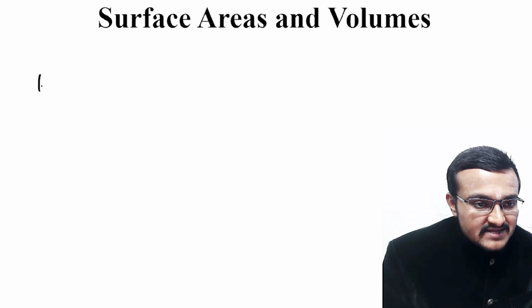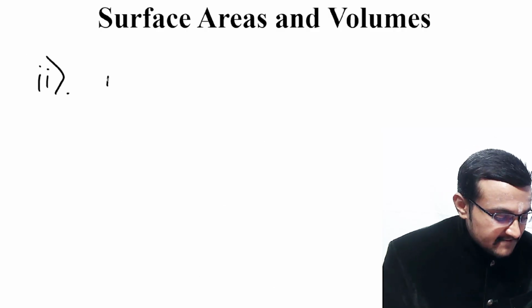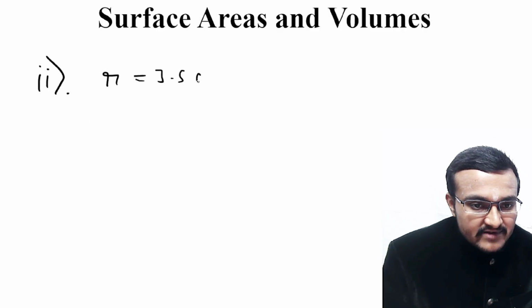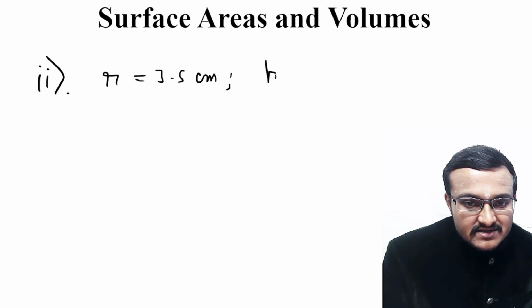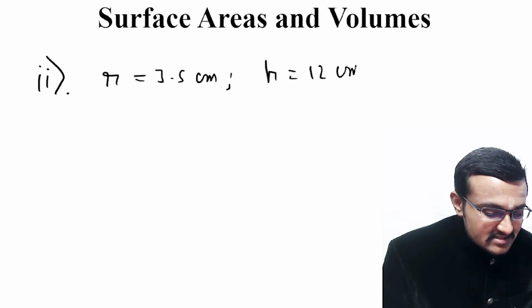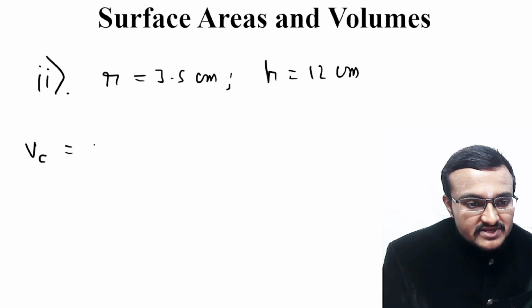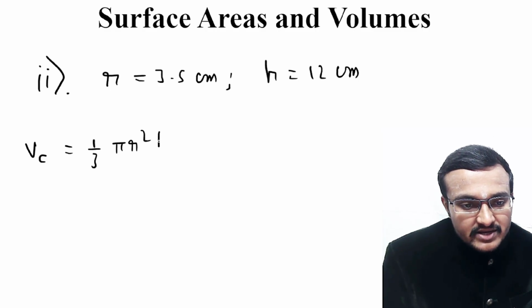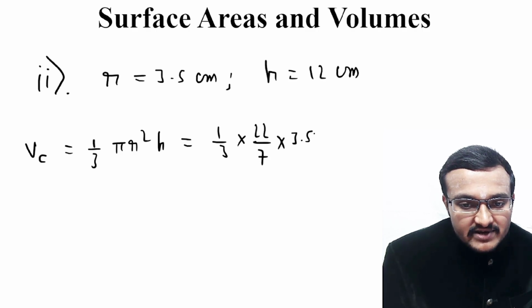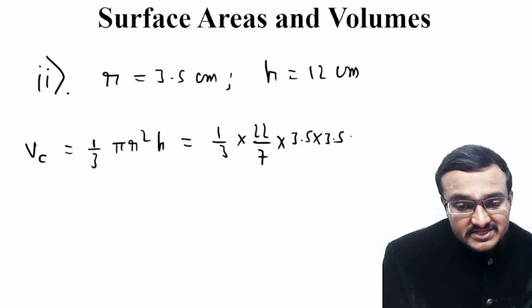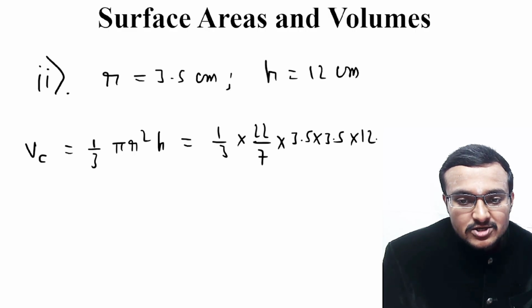So now the second cone in the same first question has radius 3.5 centimeter and it has the height equal to 12 centimeter. So now volume of this cone will be equal to 1 by 3 pi r square h. So 1 by 3 into 22 by 7 into radius is 3.5 into 3.5 because it is radius square into height is 12.